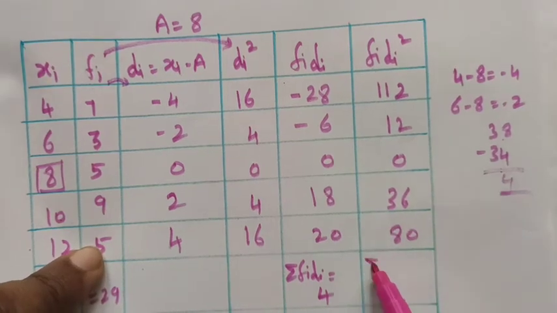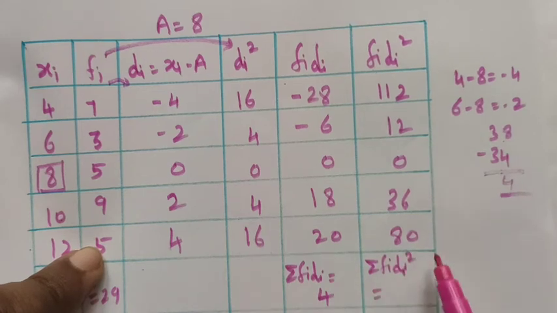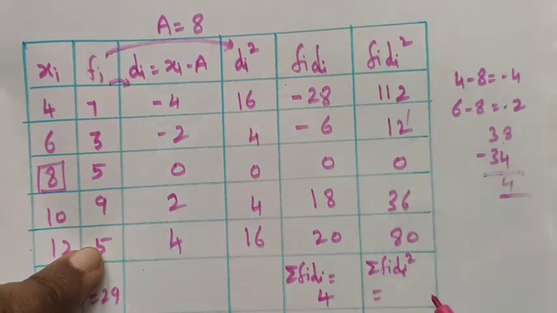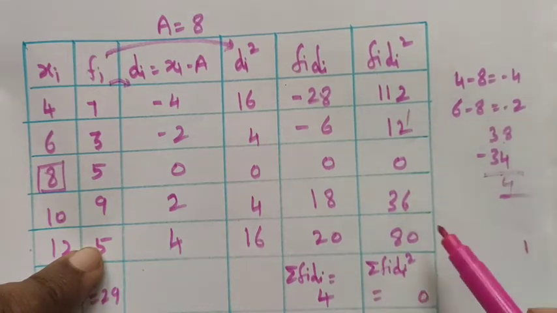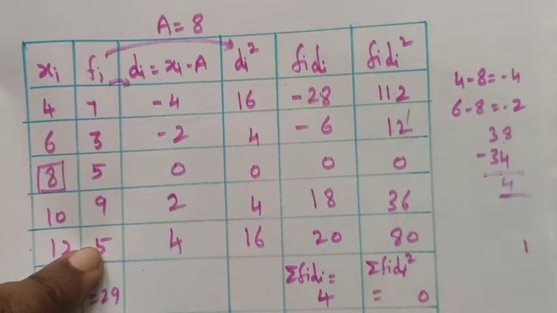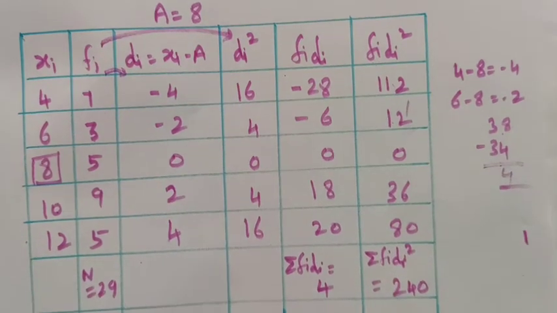Summation fi di square is the sum of these values, which is 240.